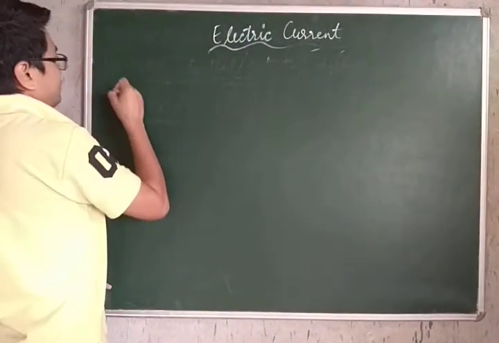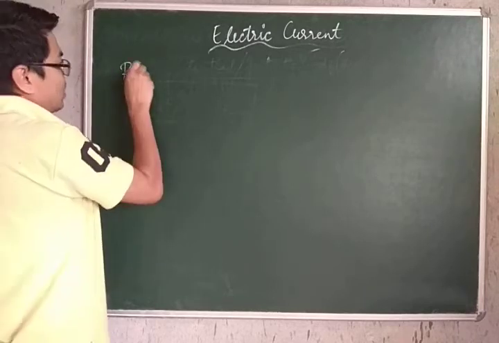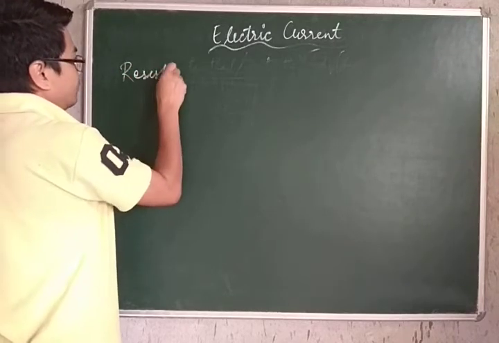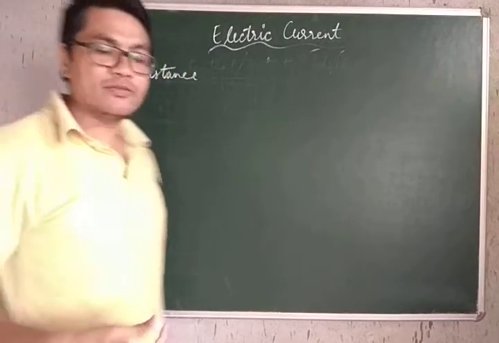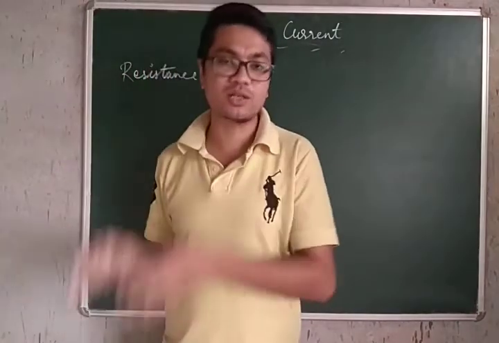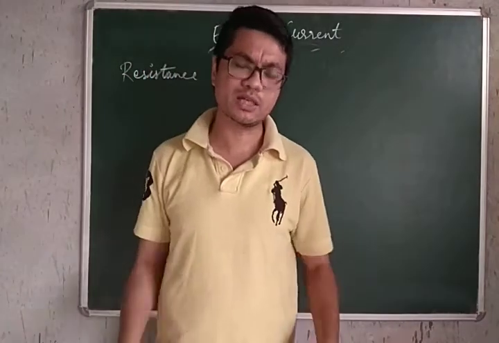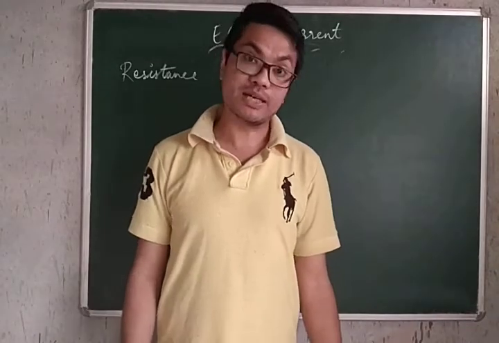Now we have resistance. What is resistance? Resistance is the opposition to the flow of current. Any conductor will have resistance, remember. A good conductor will have low resistance, low opposition to the flow of electric current. A bad conductor will have a high value of resistance, remember that.